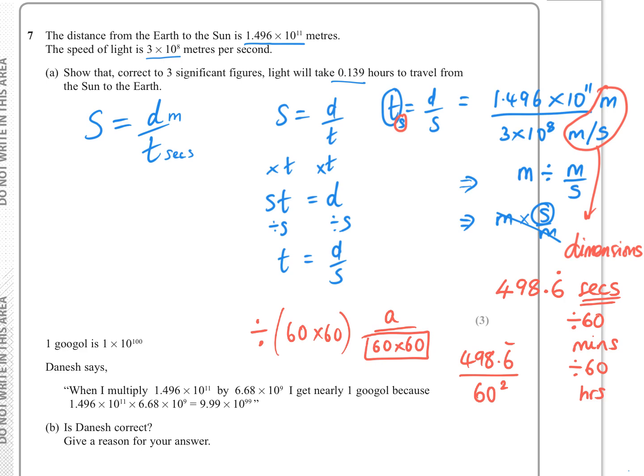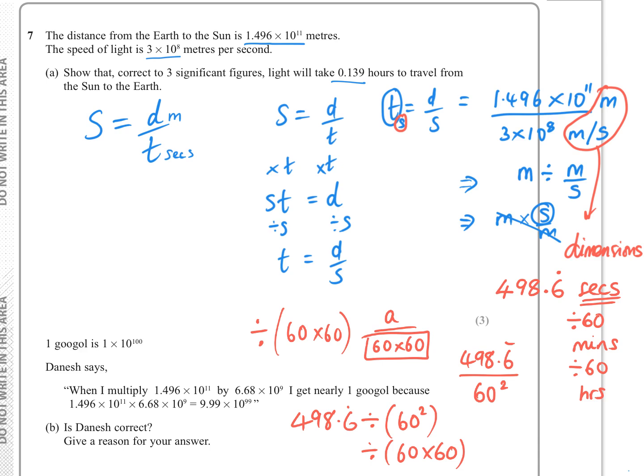On the calculator, I get, let's have a look, 498.6 recurring. Just do lots of 6s on the calculator, it'll be fine. Divided by 3,600. If you do this, then whatever you do, put a bracket here, if you were to do it this way, if you were to do it like that.